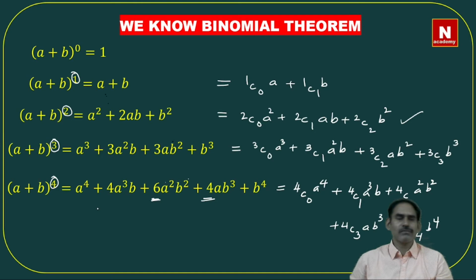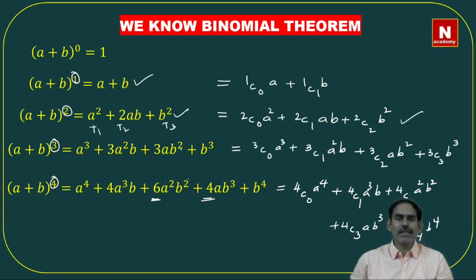Similarly, in the index 3 case also: 2 plus 1 will be 3, 1 plus 2, 3. Similarly in this case also. And also, if you observe, when the index is 1, the number of terms is 2. Now, if the index is 2, the total number of terms is 1, 2, 3: first term, second term, and this is the third term.